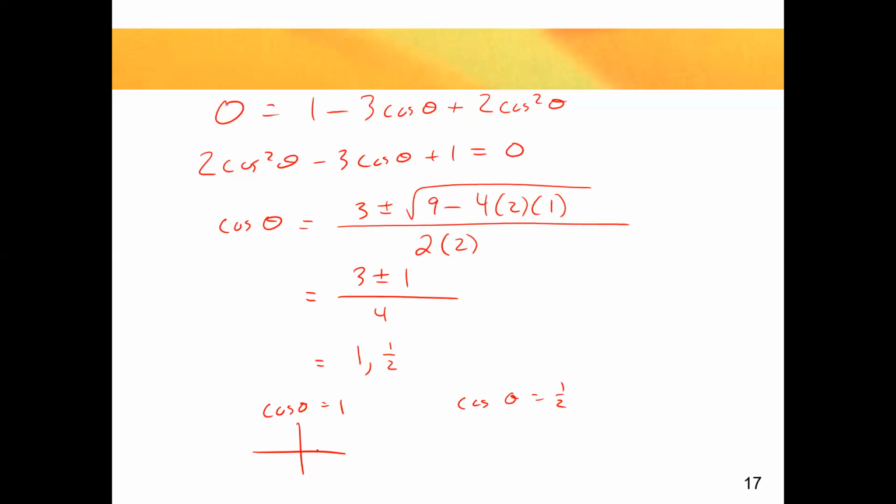Georgia, that does not have a book with her. When does cosine give you 1? You have to mentally think through a unit circle, and you're looking for an x value of 1.